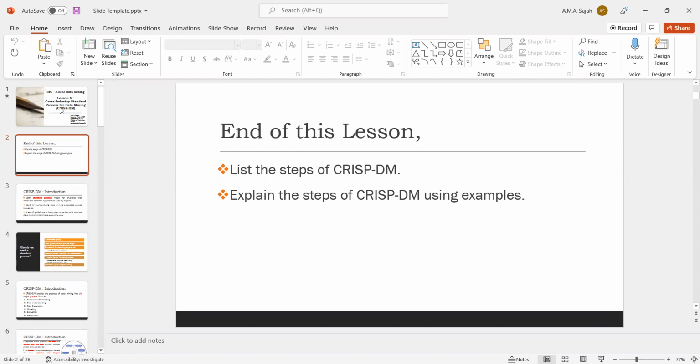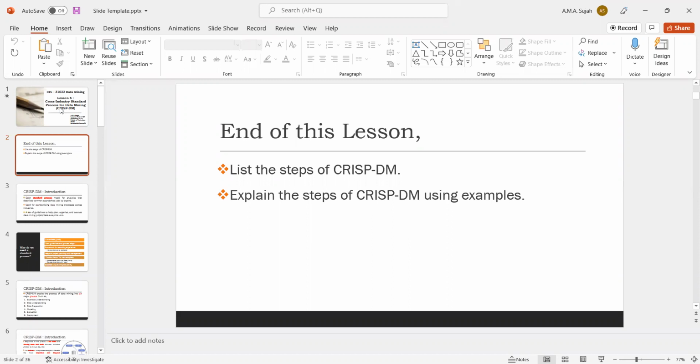Also, we will discuss some real world examples of how different firms apply this standard process whenever they are developing a project based on data mining.